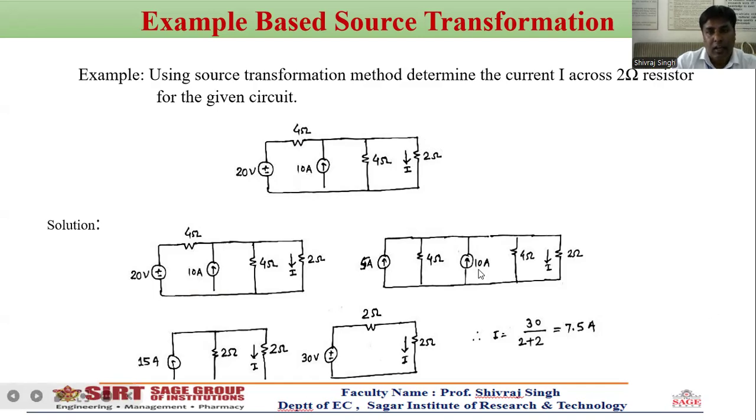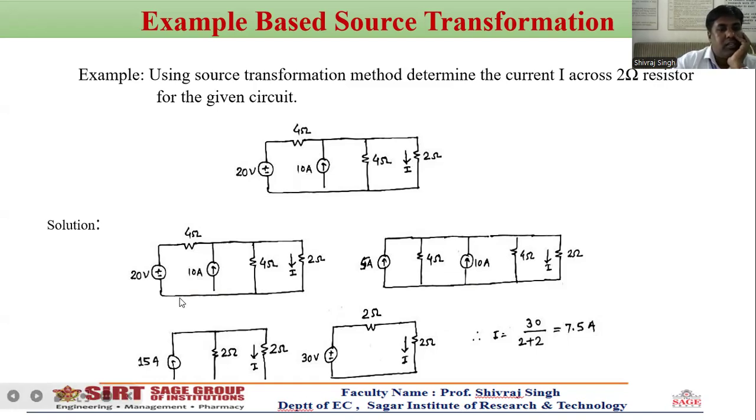Again, the 10 ohm stays the same. Now we can observe the 5 ampere and 10 ampere sources are in parallel, that means 5 plus 10 equal to 15, and the 4 ohm and 4 ohm are parallel resistances. This parallel resistance is equivalent to 2 ohm, since 4 into 4 divided by 4 plus 4 equals 2.